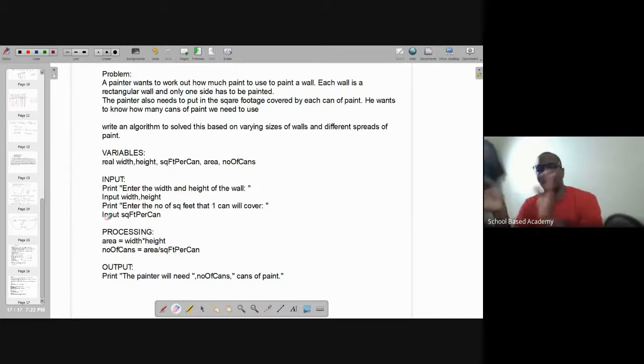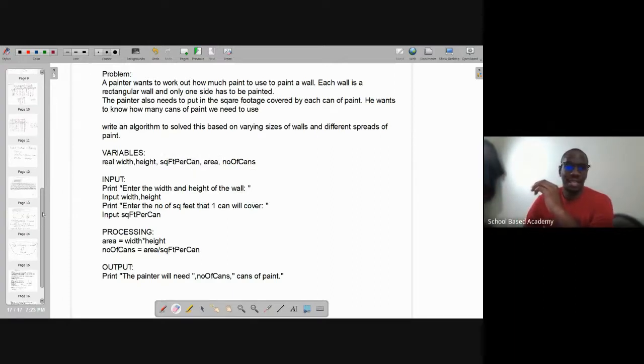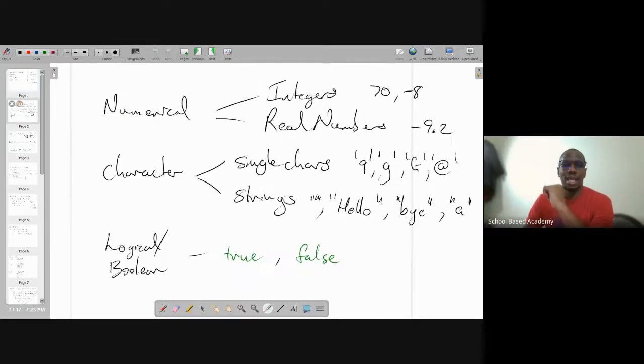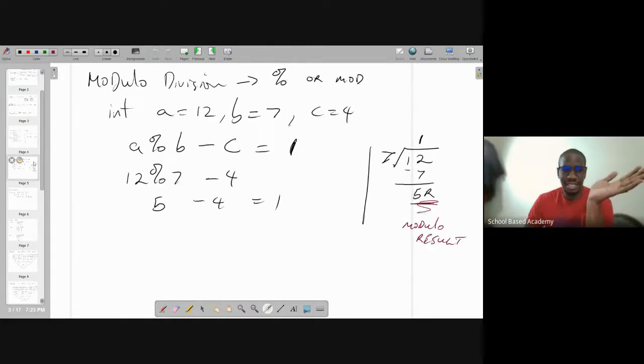And next week we'll recap on sequence and we will go into selection, because I do think that we might go a little longer than we need to. All right. Just to recap what we did today. We spent quite some time recapping variables, constants, operators, data types, truth tables. We went through all of these things once again.